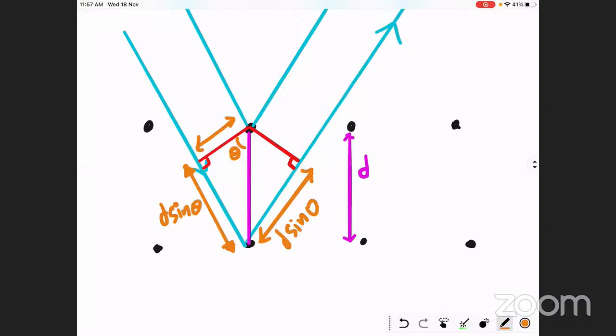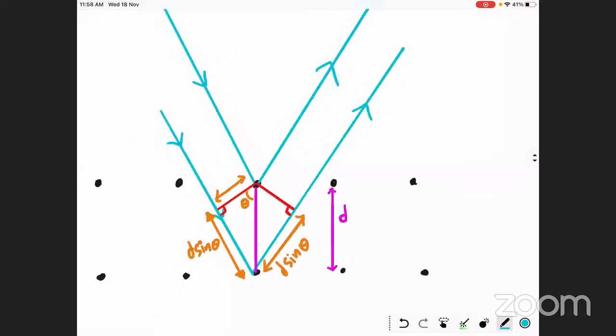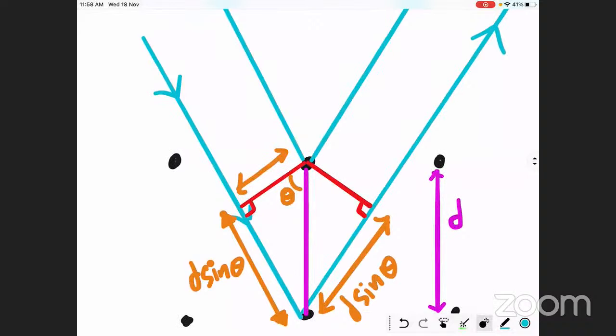So can you tell me what is the path difference between the two beams? Say 2d sin theta. Am I right? What is the path difference, bachcho? Through the mic, please tell me. 2d sin theta. Correct. Now, why did we get this angle as theta? Let me explain.